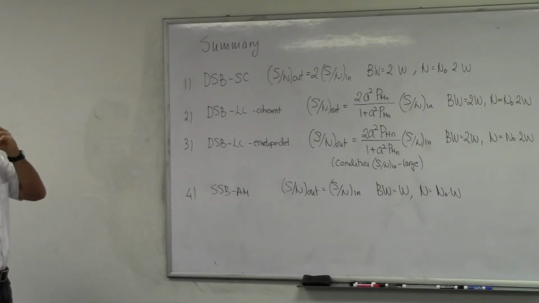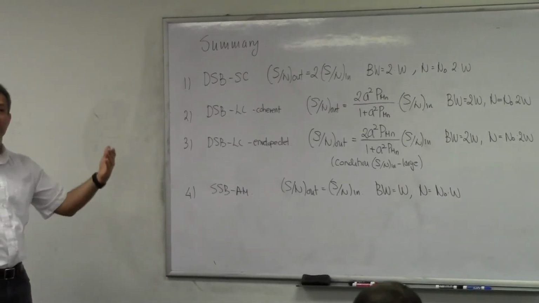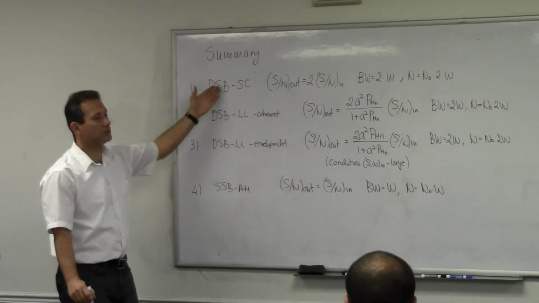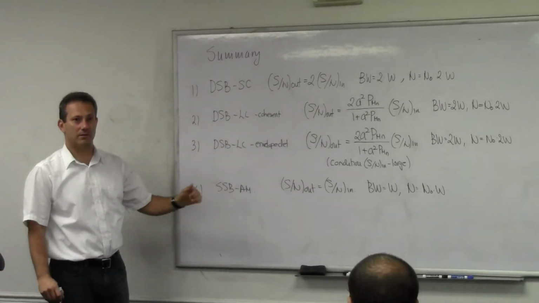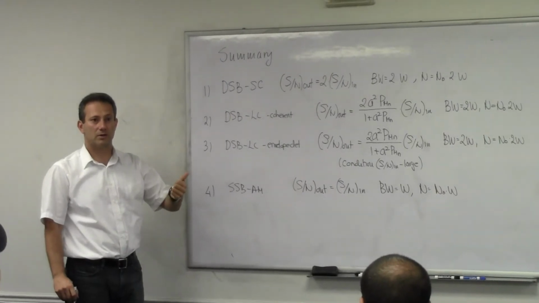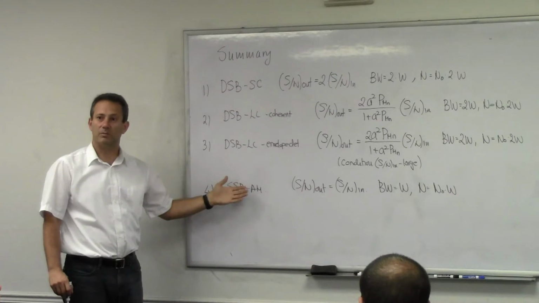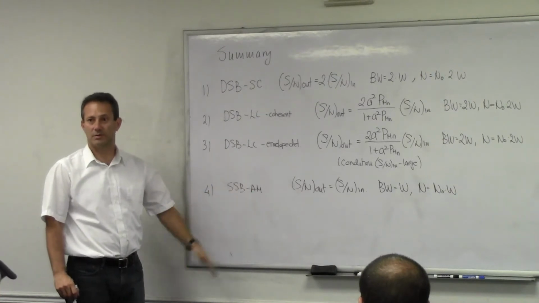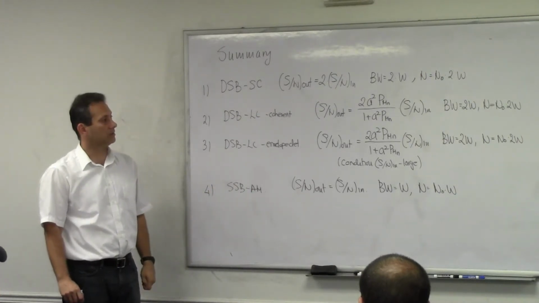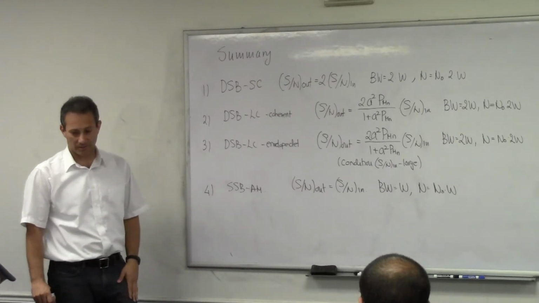These are the four relationships that we added to our knowledge about these systems. Now we have complete understanding of each one of them, at least at the theoretical level. We know how you modulate, we know how you demodulate, we know the spectral footprint, and we know the performance index. So these are all the things that we need to know about the modulations.